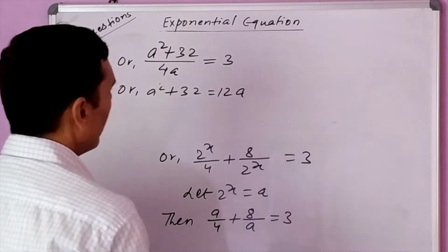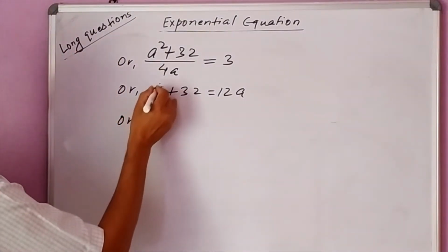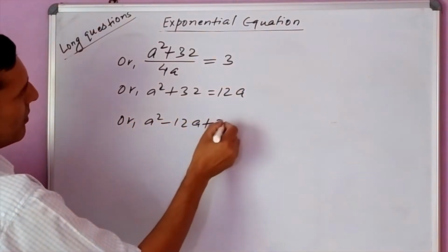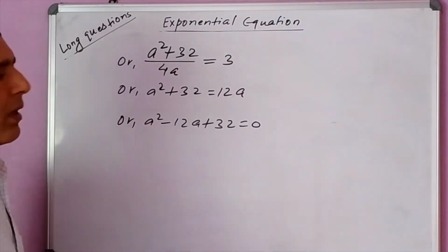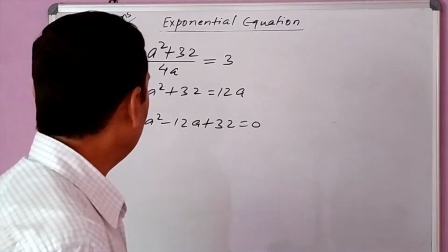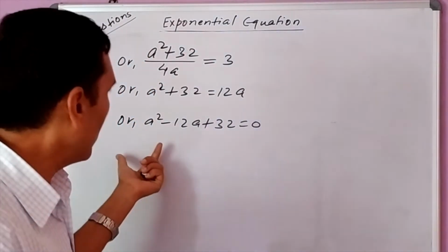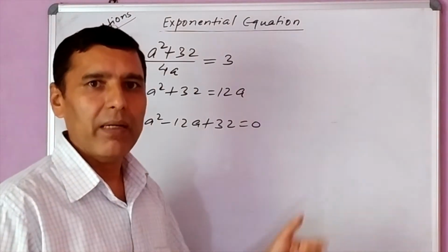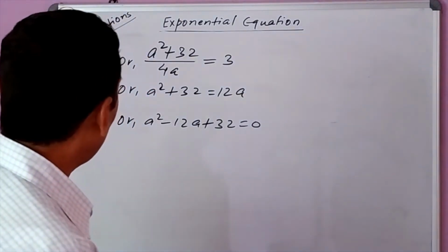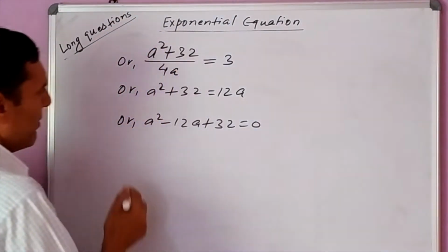We bring this 12a also to the left hand side. It is a square minus 12a plus 32 is equal to 0. Now we get this equation quadratic in a. Now we have to factorize this. We get two equations in terms of a, and finally converting this in terms of x, we get the value of x in 2 steps, just like the previous number.